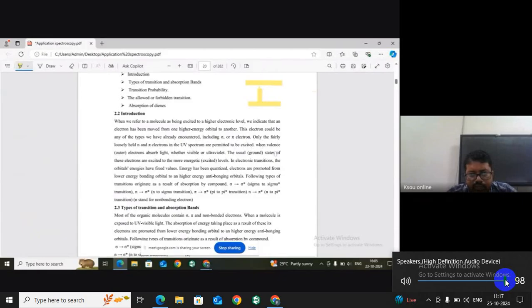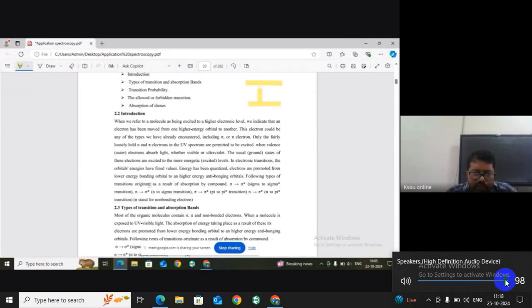When valence electrons absorb light, whether visible or ultraviolet, they are excited to more energetic levels. In electronic transitions, the orbital energies have fixed values. Energy is quantized, and electrons are promoted from a lower energy bonding orbital to a higher energy anti-bonding orbital.